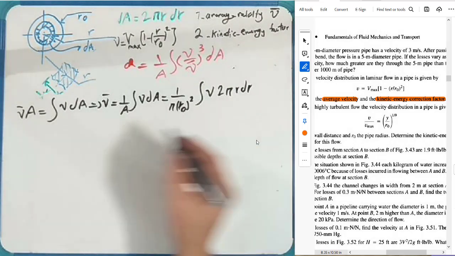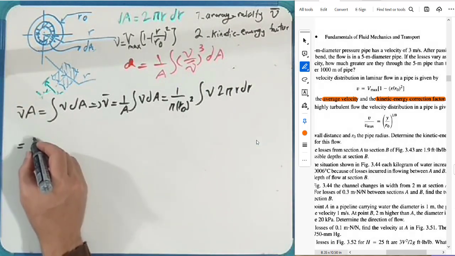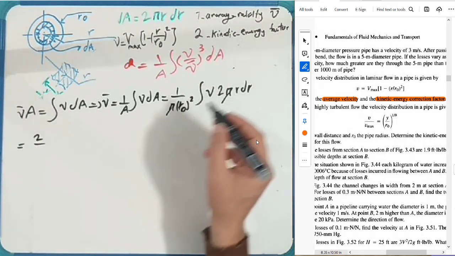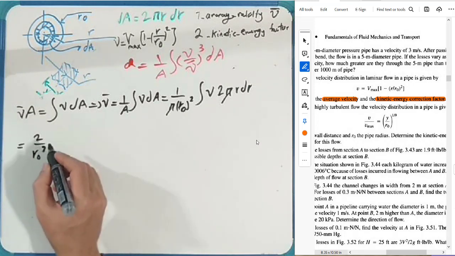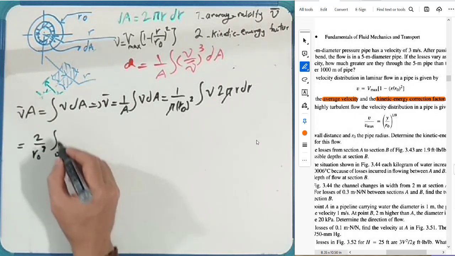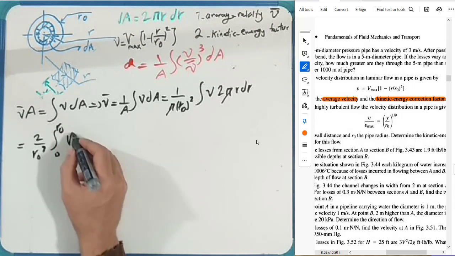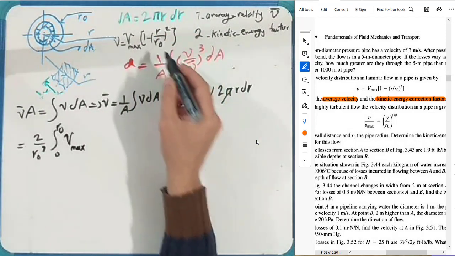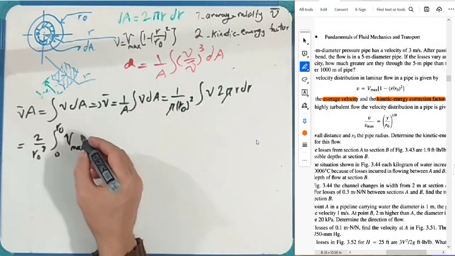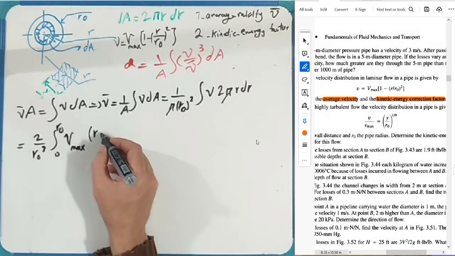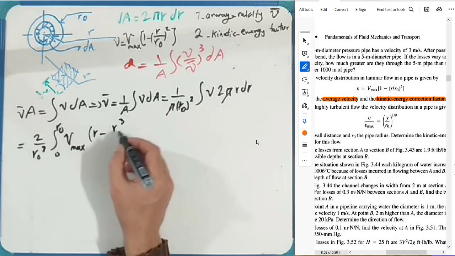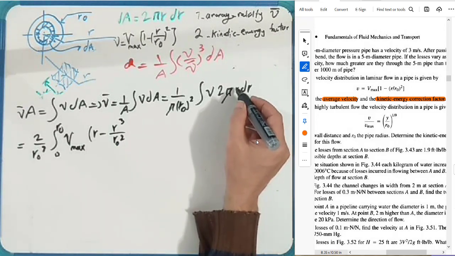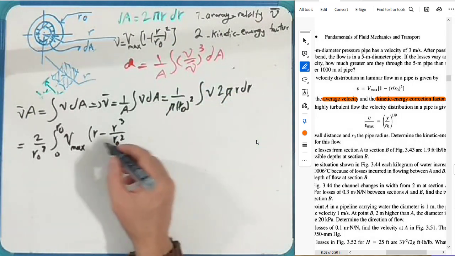So this pi will be eliminated, and the answer will be 2 over R0 squared, integral from 0 to R0 of V max. I should put this relationship instead of V: R minus R cubed over R0 squared. Because I have an R here, I will multiply this R to this relationship. It would be like that.